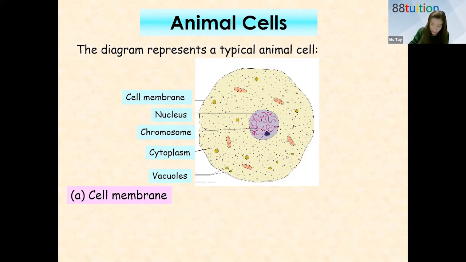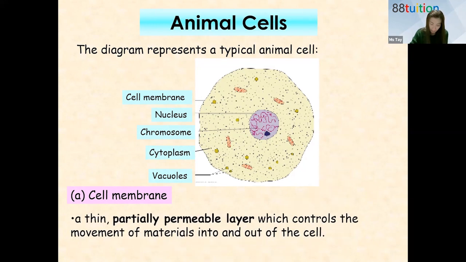Take note of the cell membrane. What is the function? Must remember. Can you see the bold words here? It might not be tested inside your worksheet, but you must know that this particular cell membrane controls what comes into the cell and what leaves the cell. So it's actually partially permeable. What's the meaning of partially permeable? The term permeable means things can go in, can come out, so things can pass through.